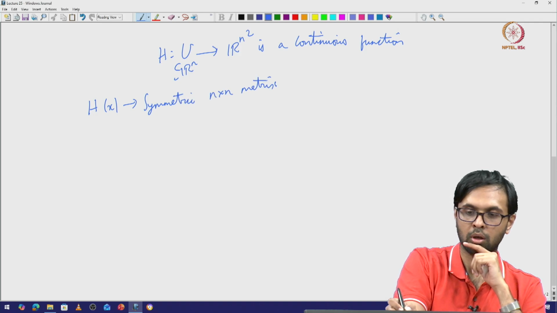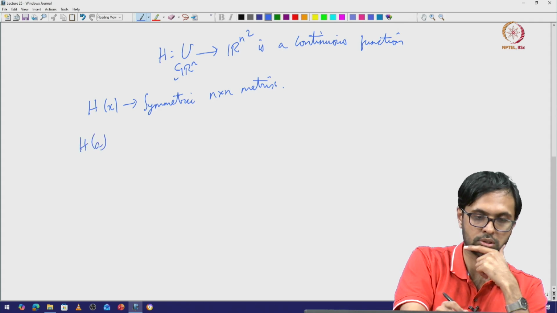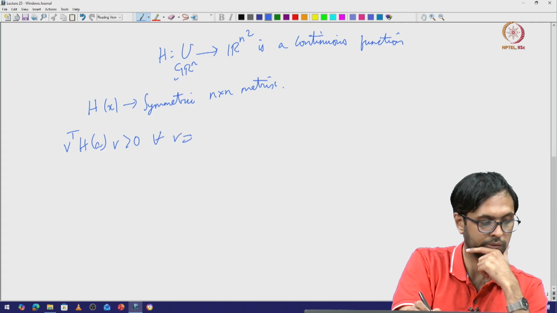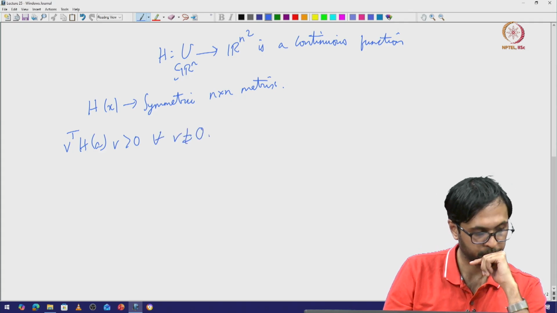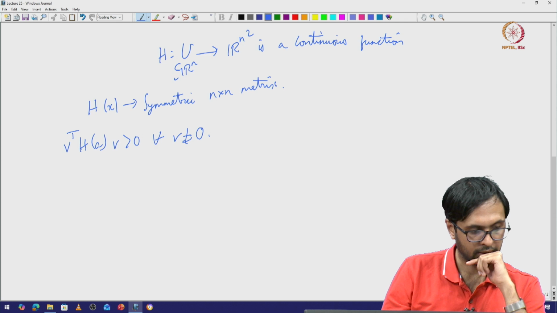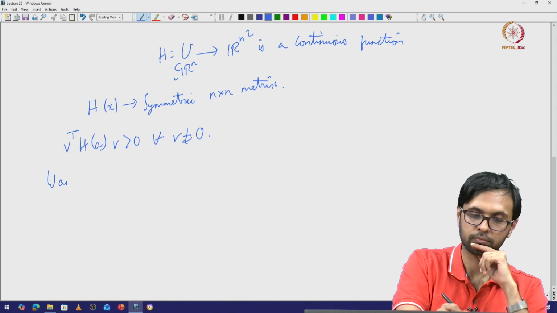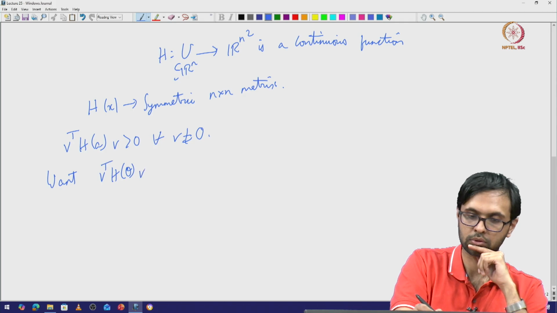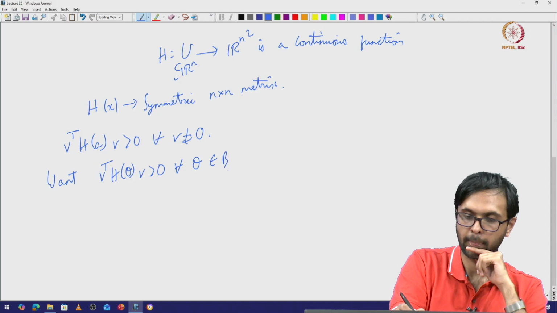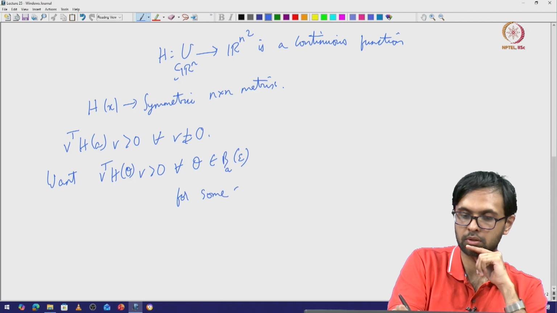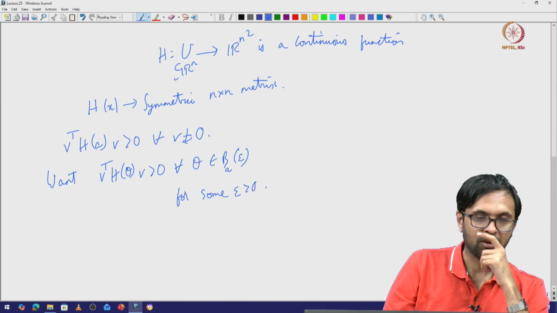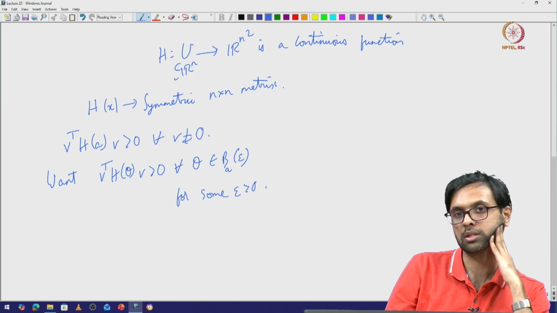What you are told is this is the case, it is positive definite for all V not equal to 0. Right, and we want to prove this for some epsilon positive. There are a number of ways to do this.